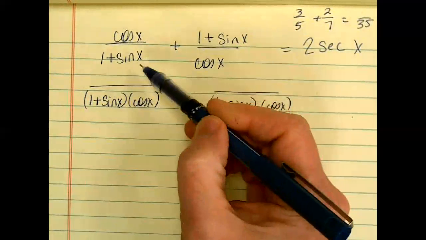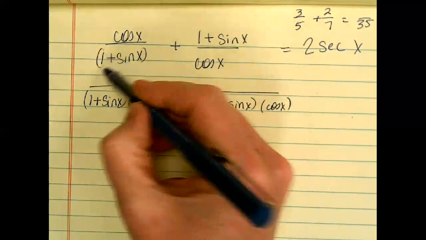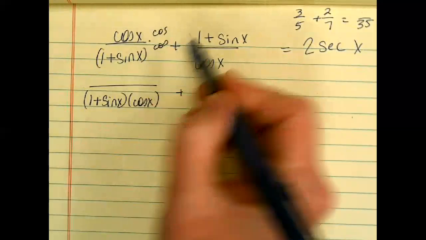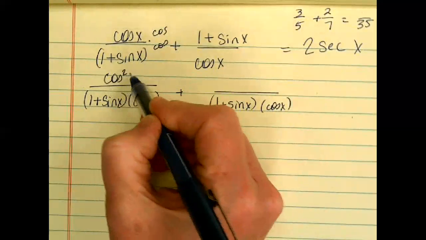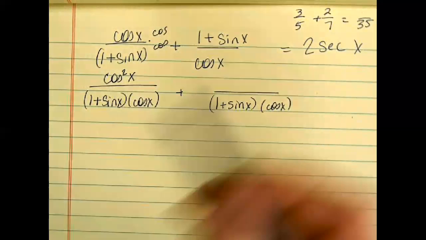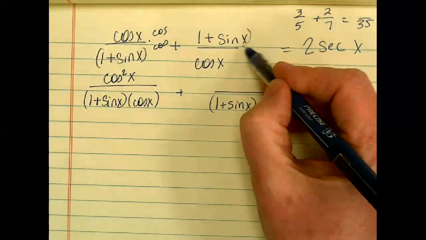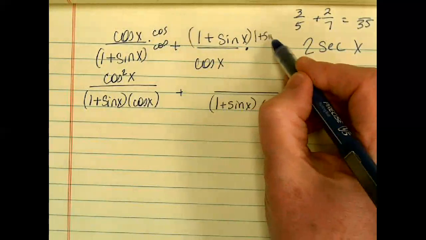The first fraction already had 1 plus sine x in the bottom. So what I really needed to do here was multiply by cosine in the top and the bottom, and it's going to give me cosine squared x. The second fraction had a cosine in the bottom, so all it needed was to be multiplied by 1 plus sine x.